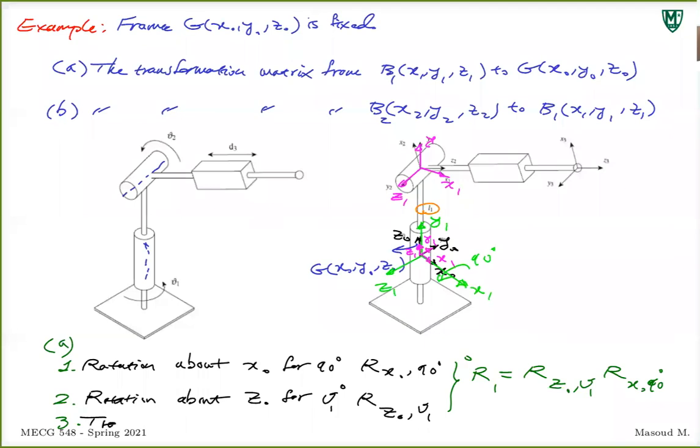Translation along Z0. This becomes D, let's call it D in 0 coordinate frame, or G, is 0, 0, and that's L1 transpose. That's your translation.